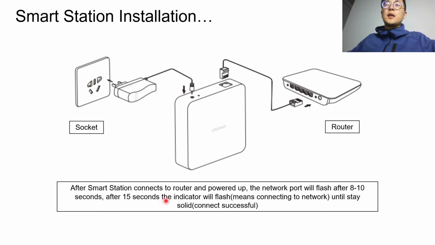And after 15 seconds, the indicator will flash, meaning it is connecting to the network, until it stays solid, meaning the connection is successful. Very easy, just plug in the power adapter and plug it into the router.